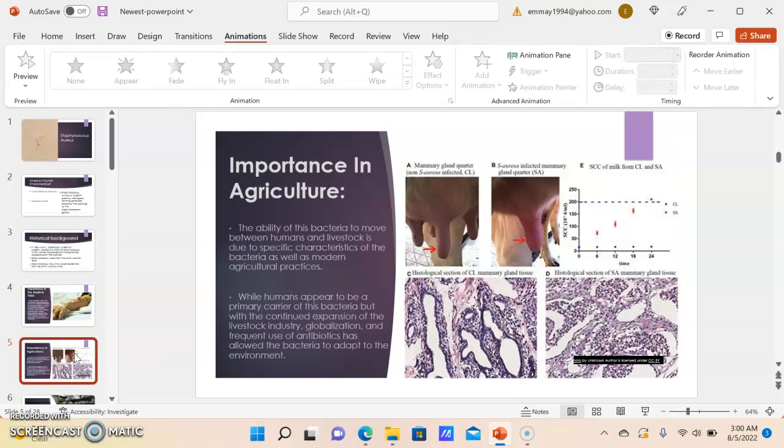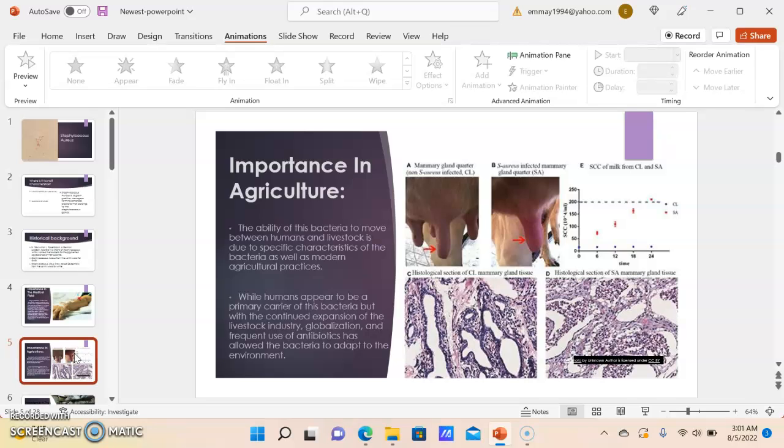So it does play a role in agriculture. If you look at the picture on the left, picture A is a normal mammary gland of a cow, and option B would be a cow that has been infected with staph. And below those, it shows what it looks like under the microscope from being normal and then having staph.